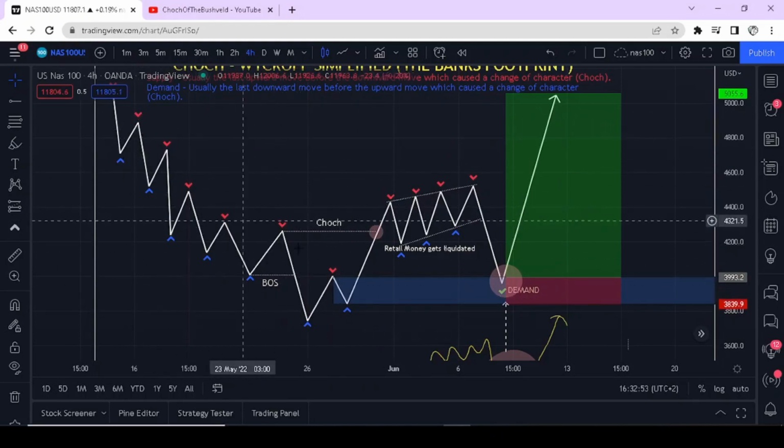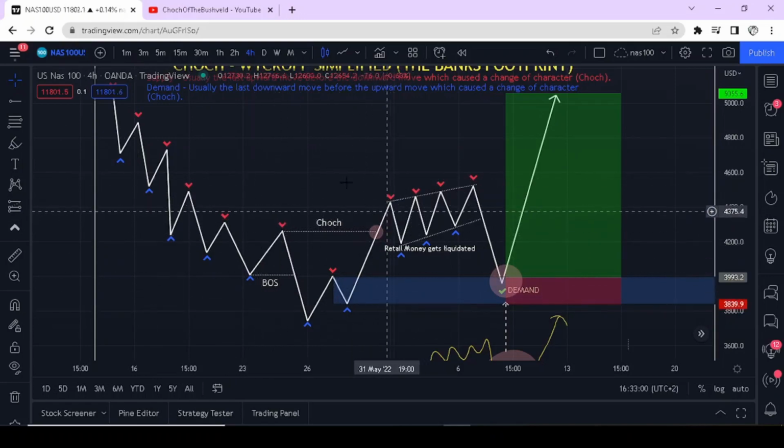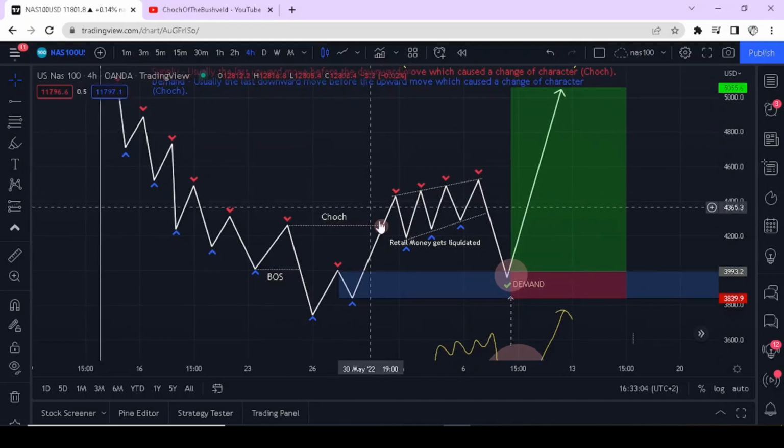So price is now trending downwards, it's all of a sudden broken a swing high point, and it's the first sign that the banks are making a reversal in price. Think about this for a second.